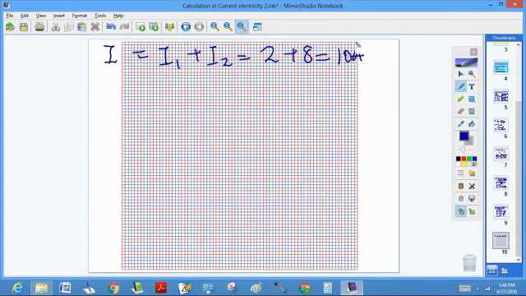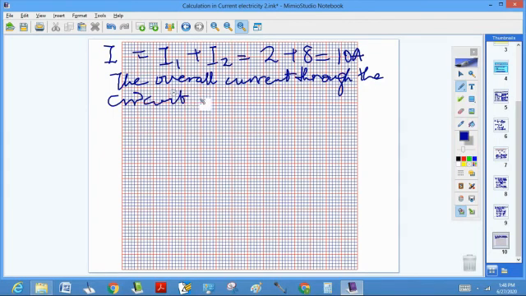So having found 10 amperes as the overall current through the circuit, we now go ahead and find V, the potential difference or voltage across the circuit. According to Ohm's law, V will be I times R total.